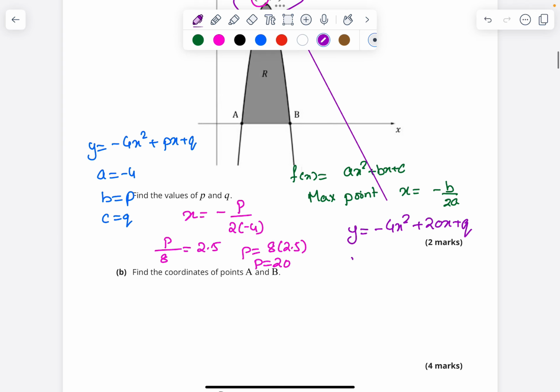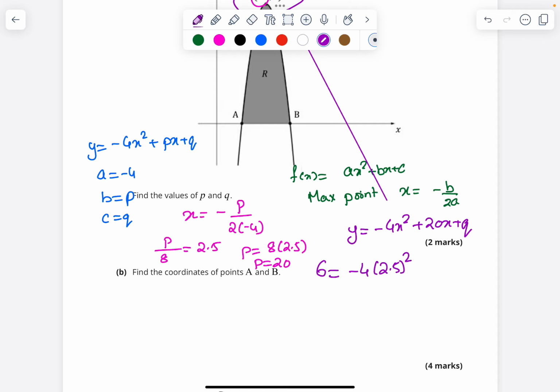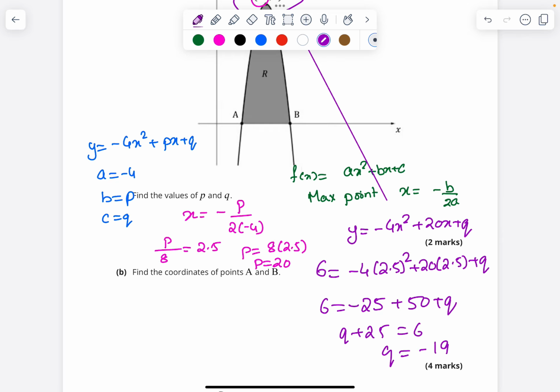So 6 = -4(2.5)² + 20(2.5) + q. This gives me 6 = -25 + 50 + q. So q + 25 = 6. So q = -19.